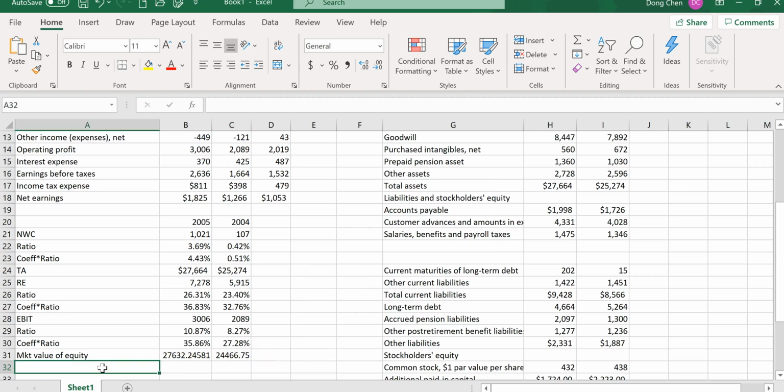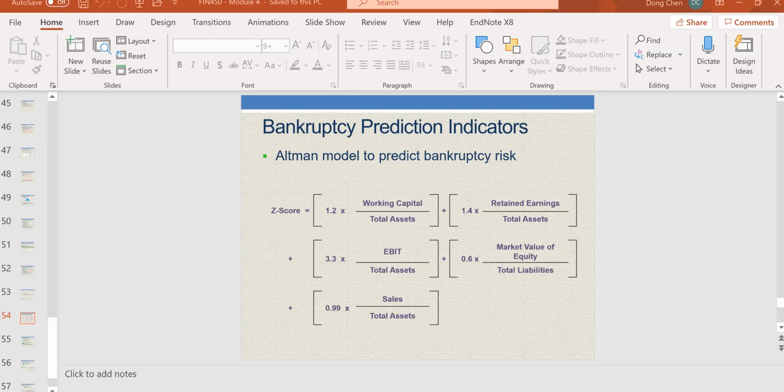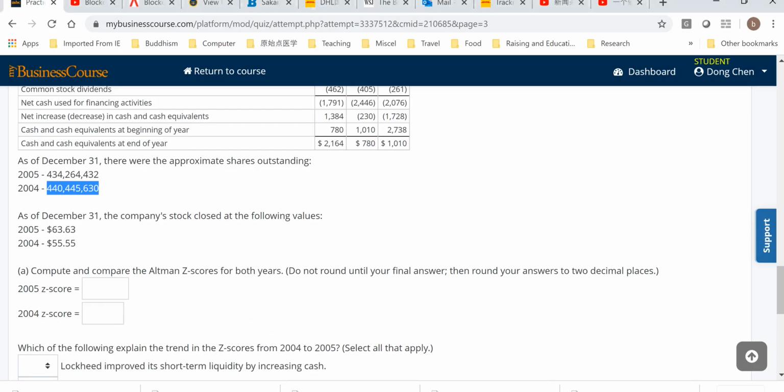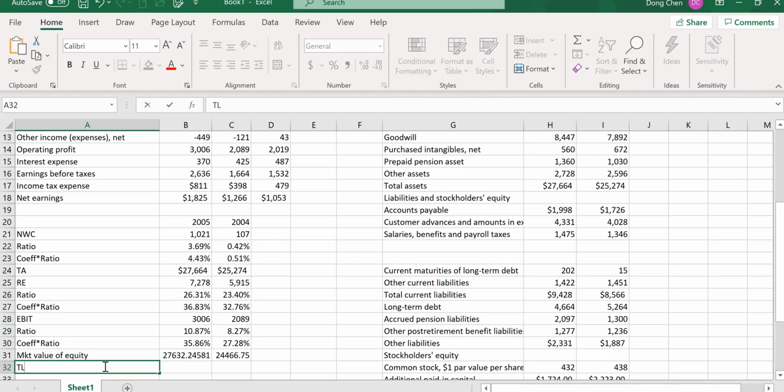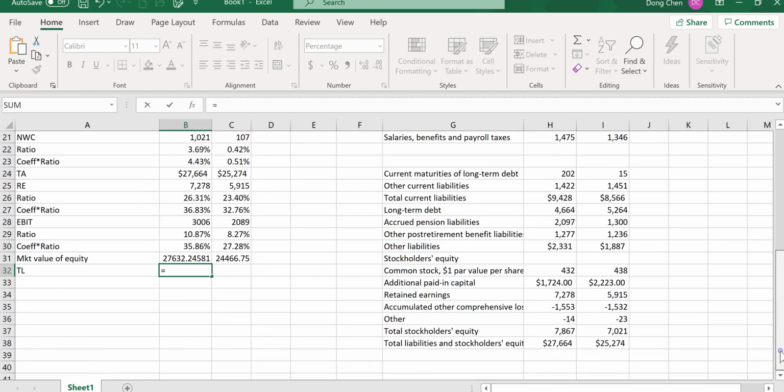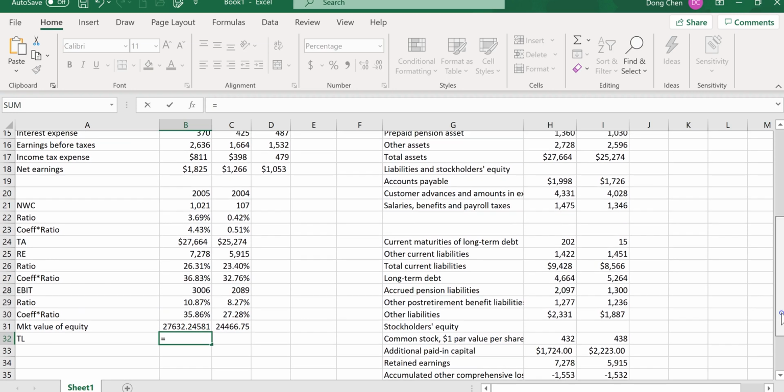So for market value of equity, we can calculate the ratio, but before we do that, let's check the denominator. It's total liabilities, no longer the total assets. So we just get the total liabilities, and we check the balance sheet.